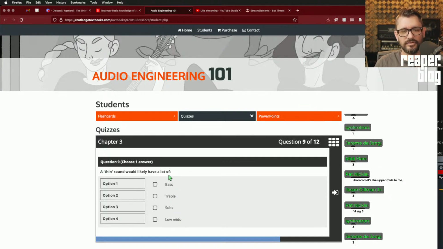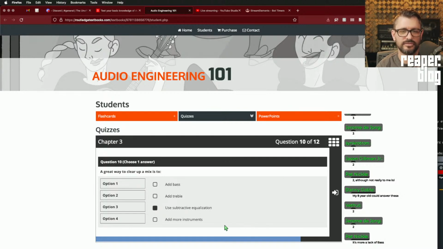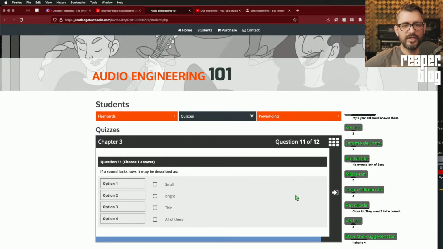Thin would have a lot of treble. A great way to clear up a mix is to add bass, add treble, use subtractive equalization, add more instruments. Subtractive equalization to clear up a mix, yeah. If a sound lacks lows, it may be described as small, bright, thin, or all of the above.